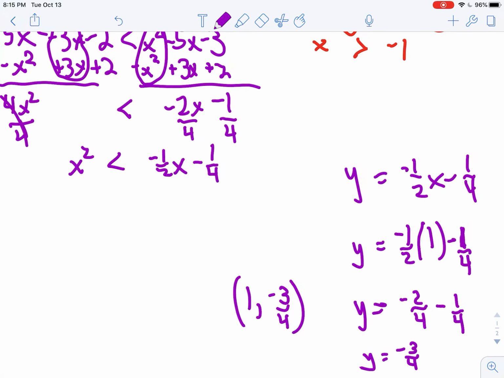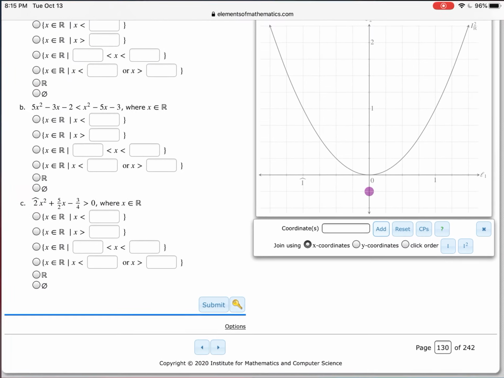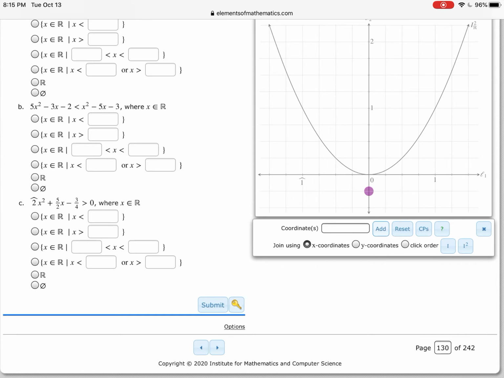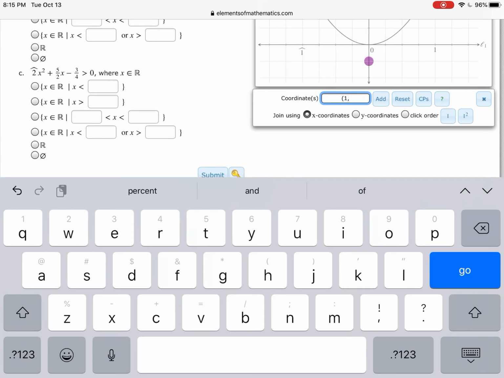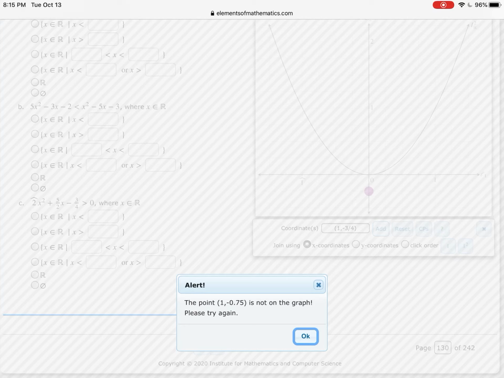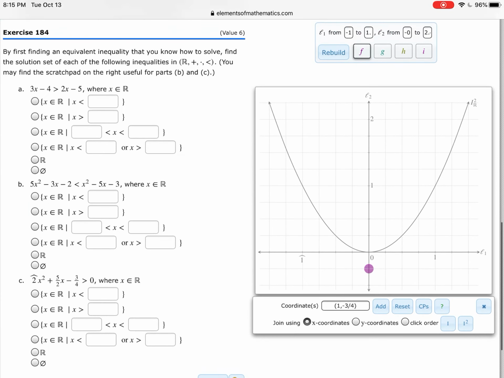So 1, -3/4 should be an ordered pair on this graph. Do I have space to put it? Oh, darn, it doesn't appear that way, because if I go to graph this, 1 and then -3 divided by 4, I make my ordered pair here and go to add it, and it doesn't like that. It says it's not on the graph. Shucks. Well, wait a second.